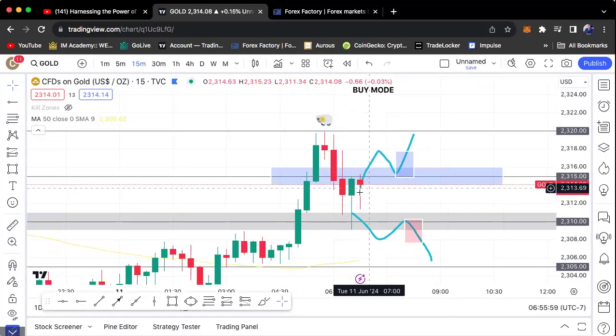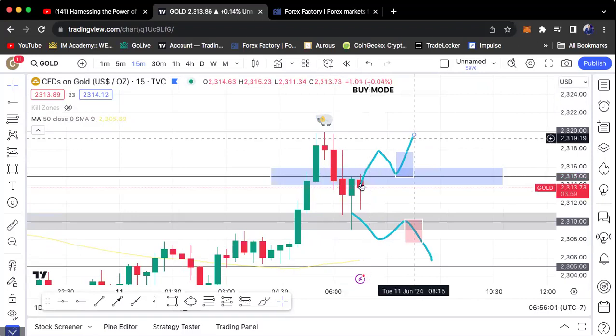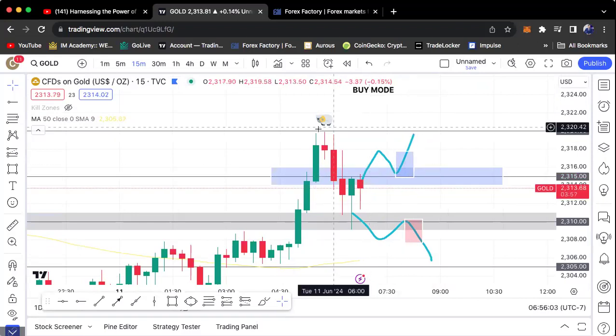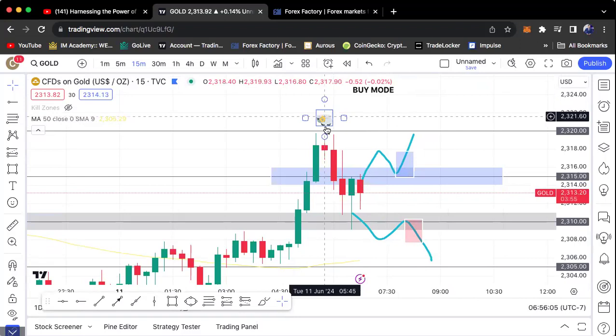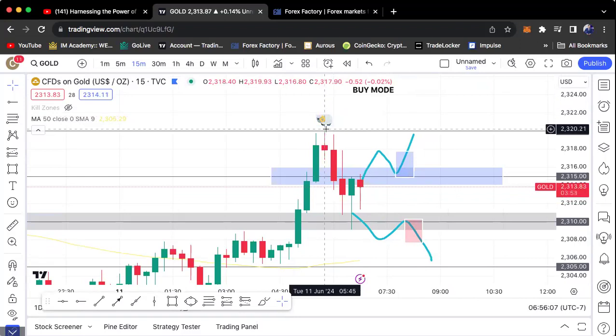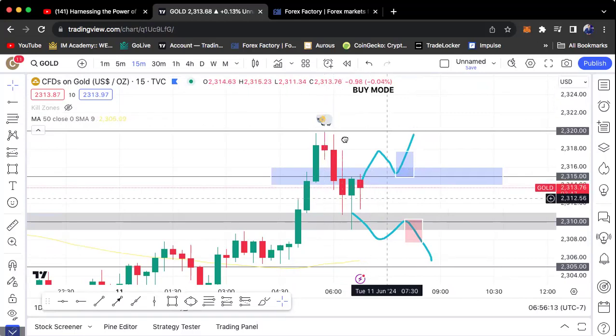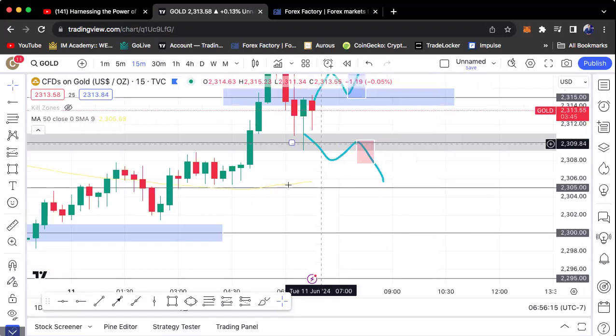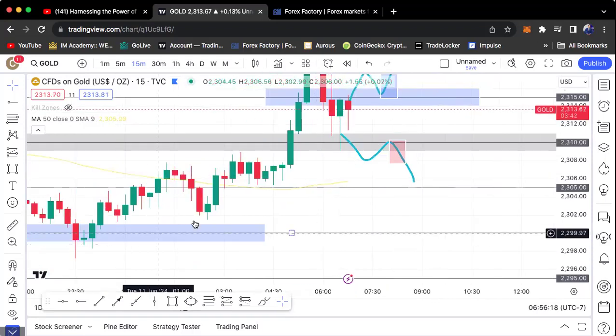Now we may see price potentially shooting back up. That's the next break of structure, because we have money left over here from all the sellers. So it could potentially push price up to liquidate these sellers, or it could push price down and liquidate the remaining buyers.